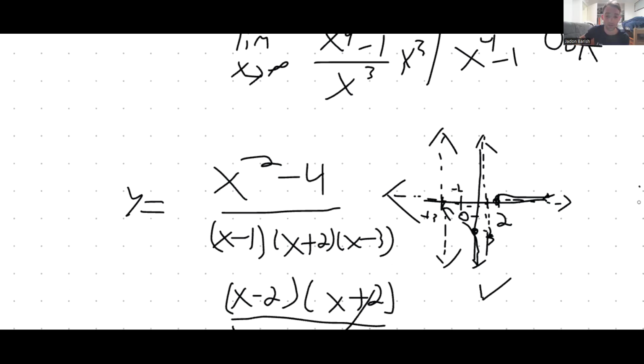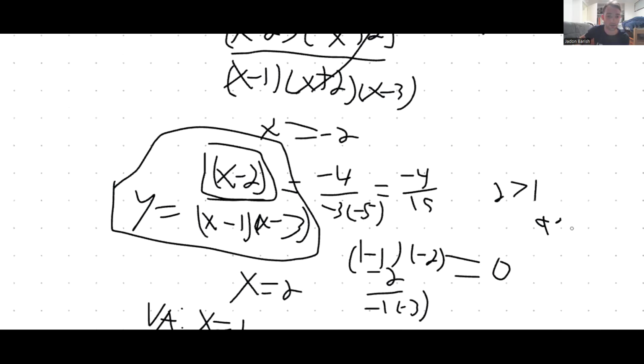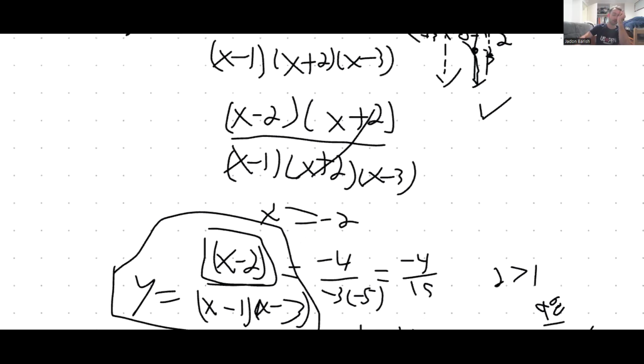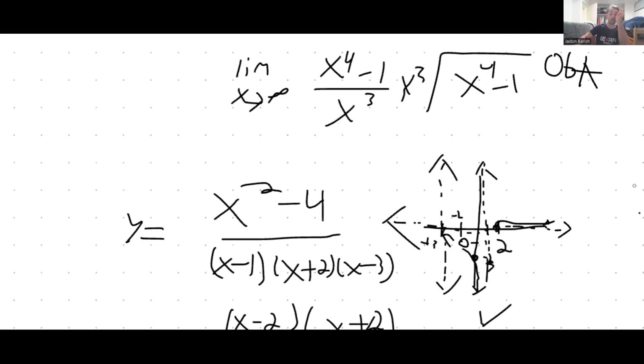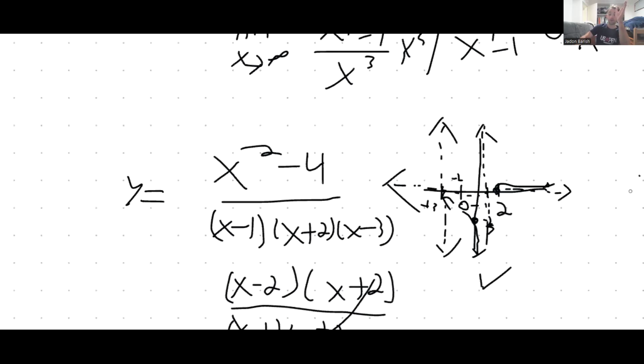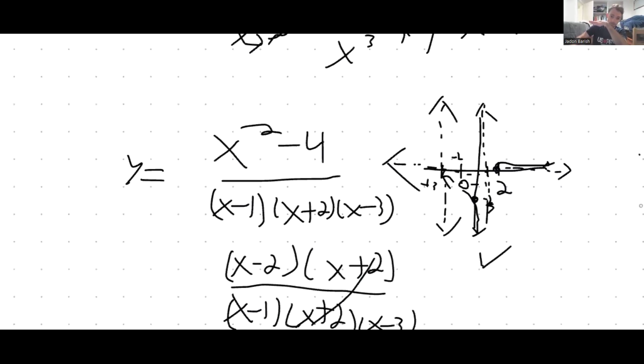Dude, that bottom is huge, which means our fraction is so small. And what happens when a fraction is really small? It's dangerously close to zero, right? But I know it's positive. That's how I know that it's going to mellow out above the line and not below it.